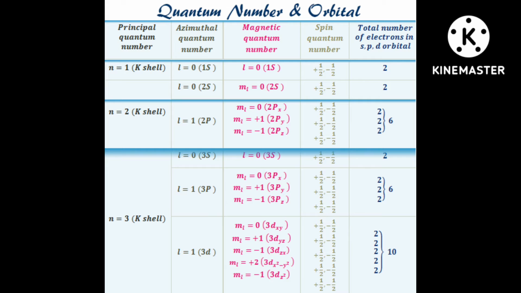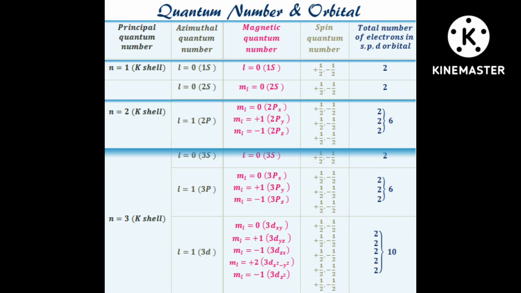Now, I am talking about the second quantum number. The second quantum number is called the azimuthal quantum number. That is denoted by a small l. The azimuthal quantum number, small l, is also known as orbital angular momentum or subsidiary quantum number.